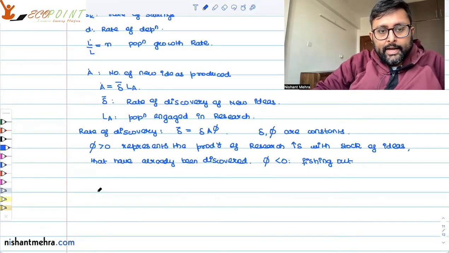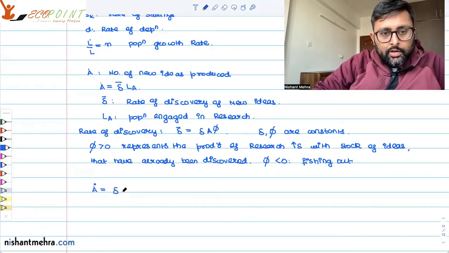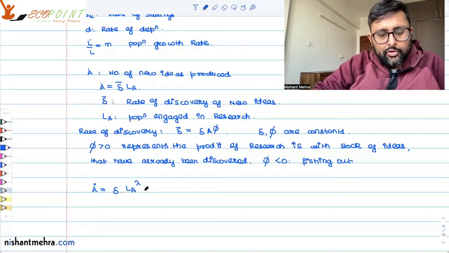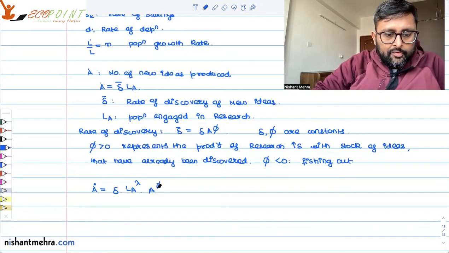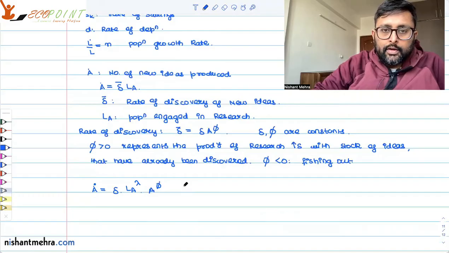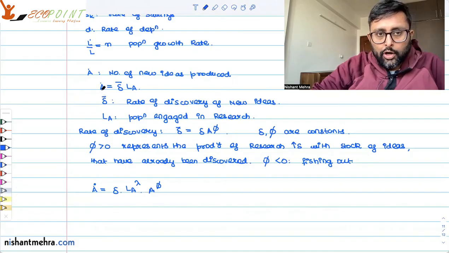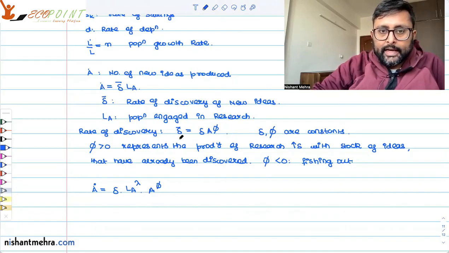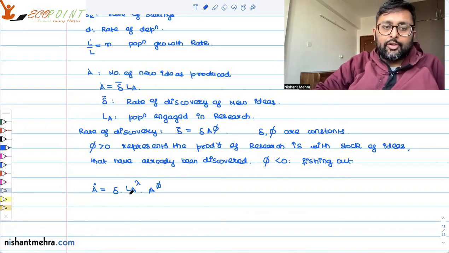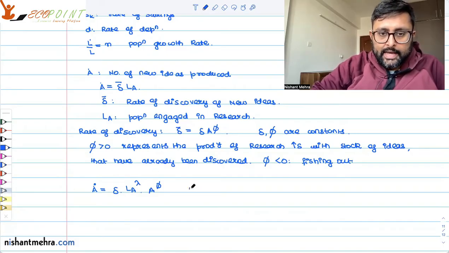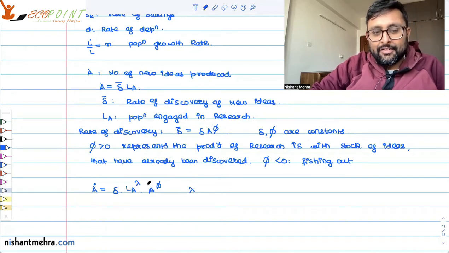So I can write A dot as delta L_A to the power lambda A to the power phi. You have A dot as delta bar L_A, and delta bar as delta A to the power phi, and here you're writing L_A as L_A to the power lambda.